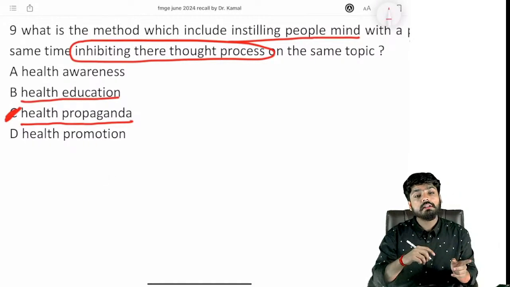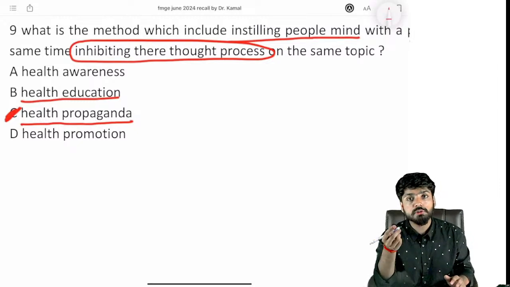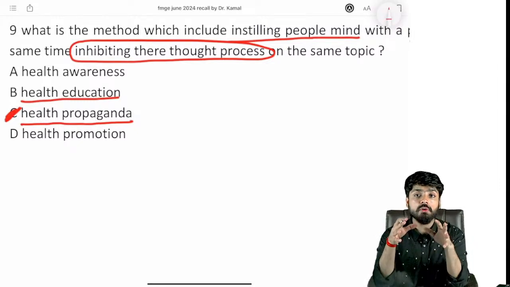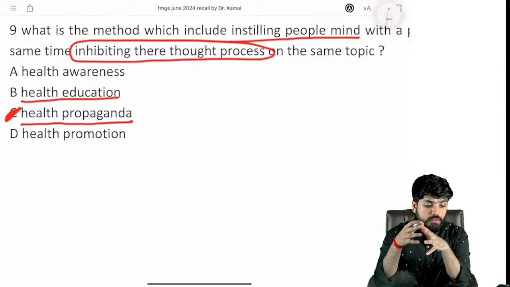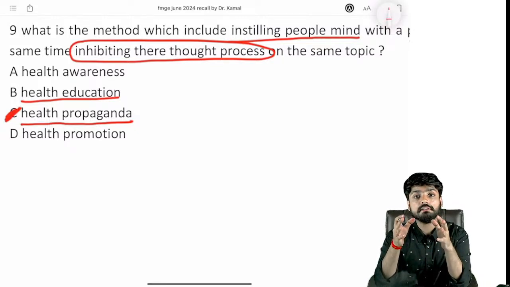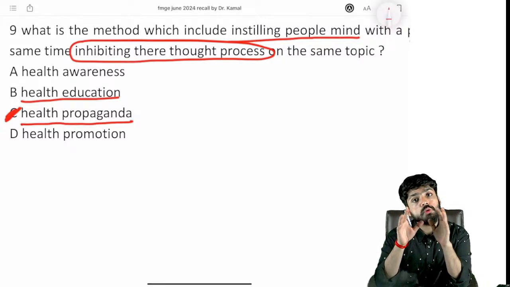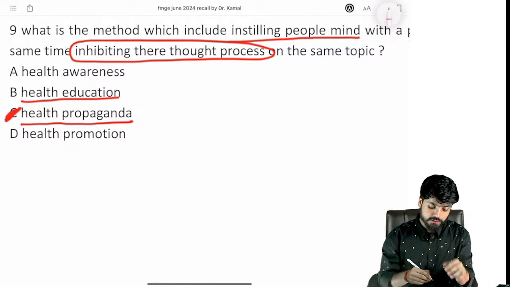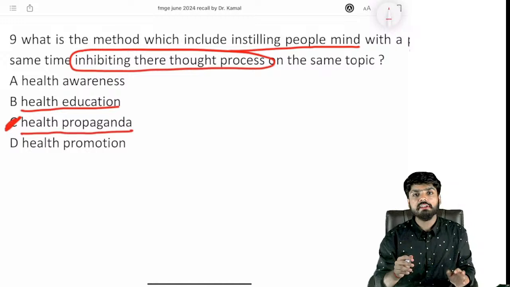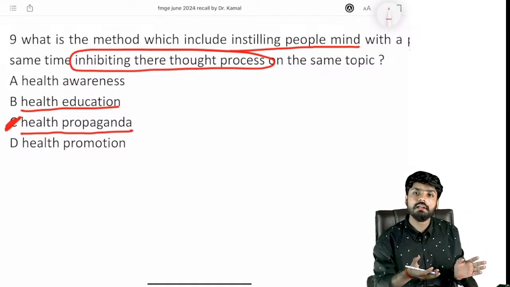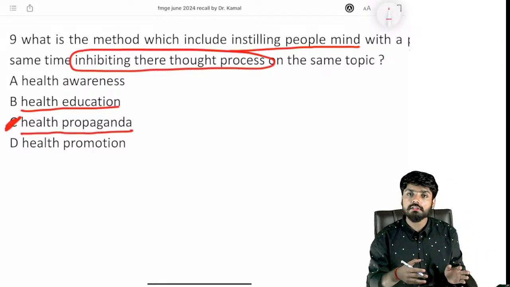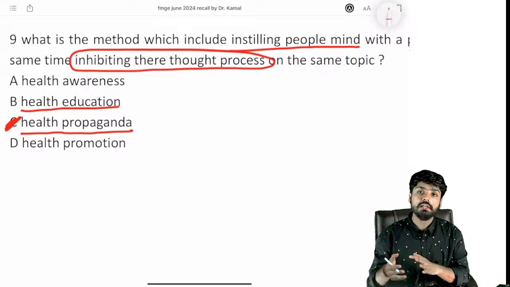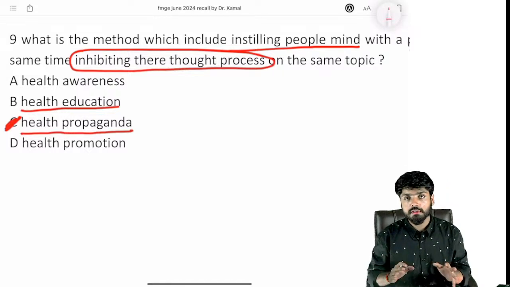On the other hand, when we talk about health education, we provide knowledge to the patient. We provide them the right guidance, and here the patient always thinks before taking a decision about their health. Health awareness is simply demonstrating and telling about the prevalence of diseases and how to stay away from them.